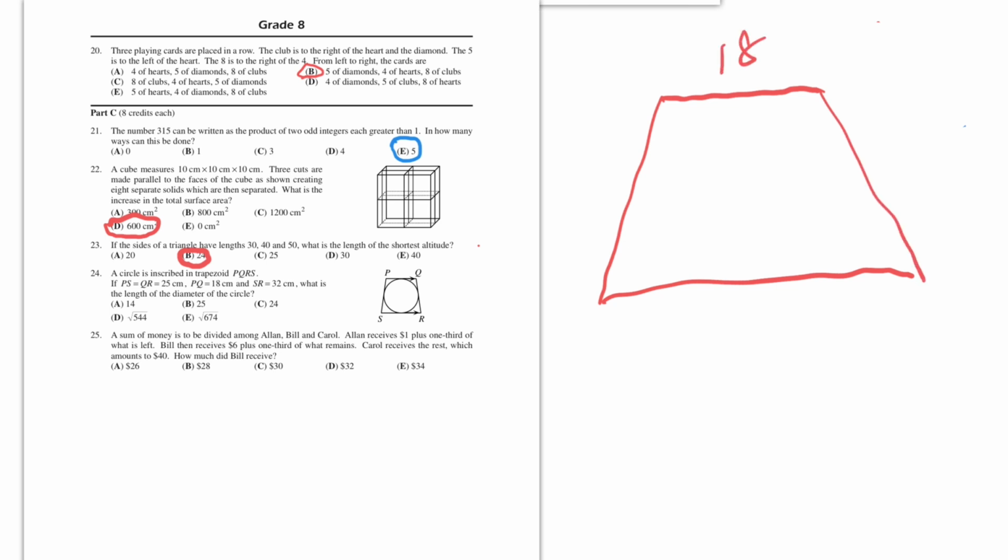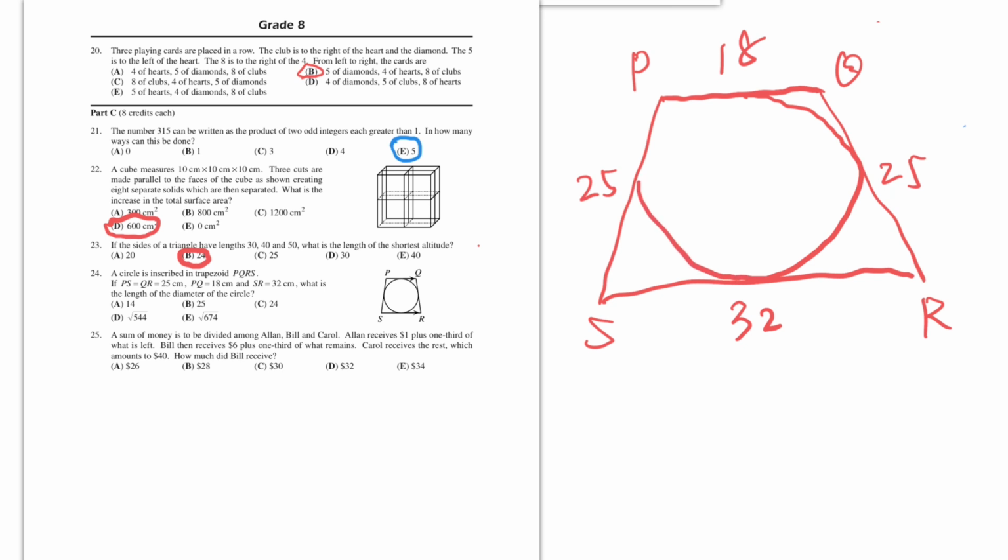That's the 18, top one, PQ. Bottom one, SR, is 32. And the leg is 25. This is the isosceles trapezoid. The two legs are equal.